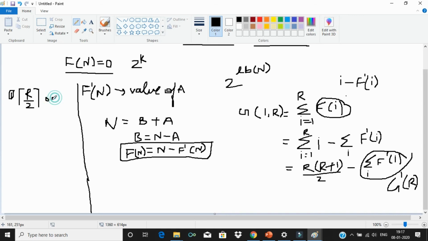And one thing is simple, that the lowest bit LB value for odd numbers is going to be nothing but 0.